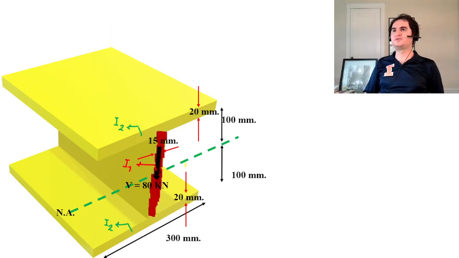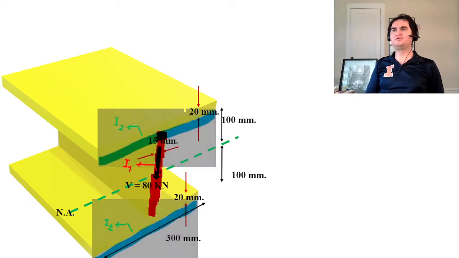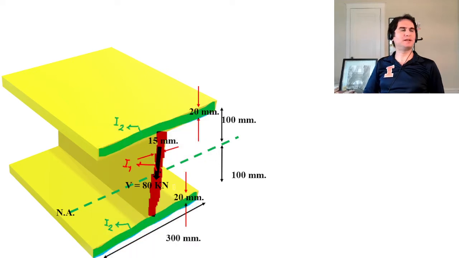So if you look at the figure, you can easily see it consists of a web and the two flanges at the top and the bottom.